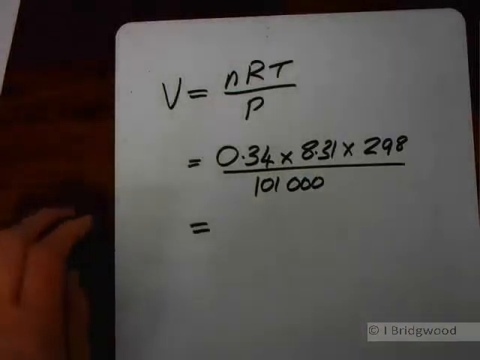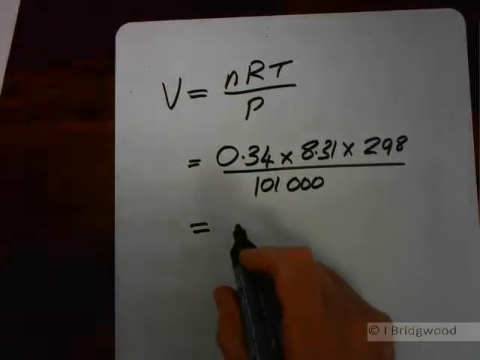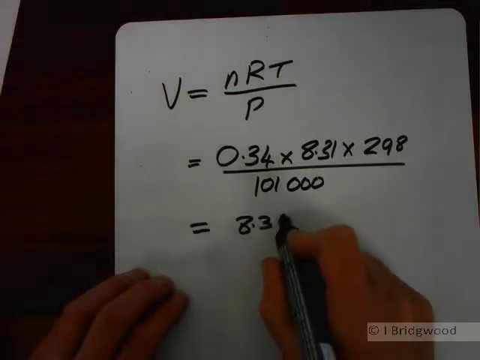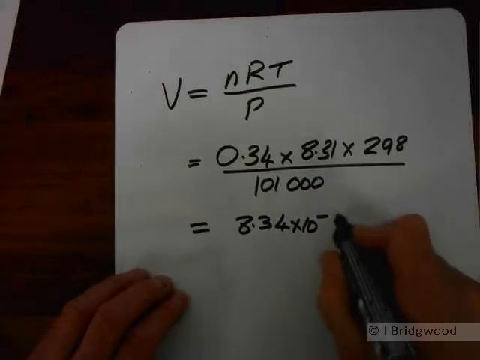So I'll do the sum. And I make that to be 8.34 times 10 to the minus 3.